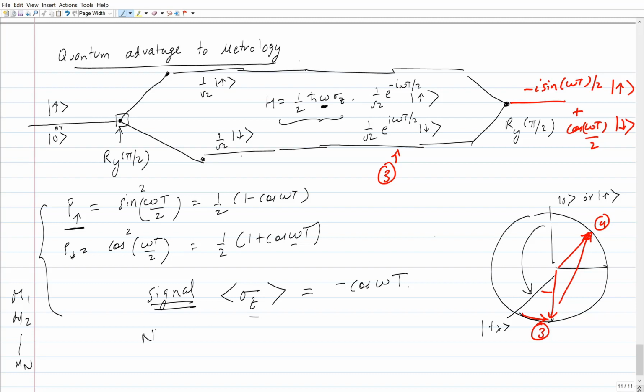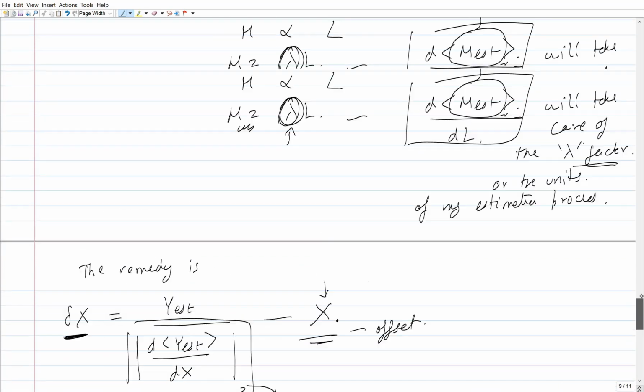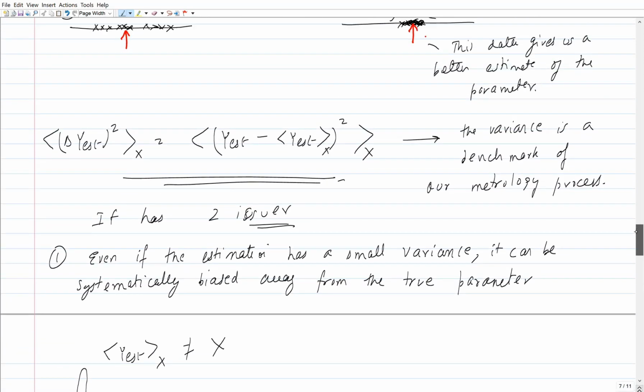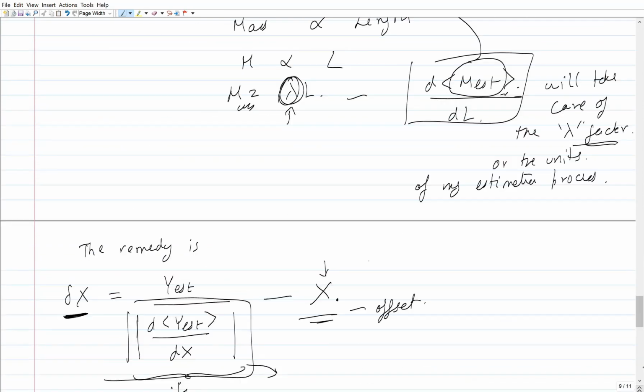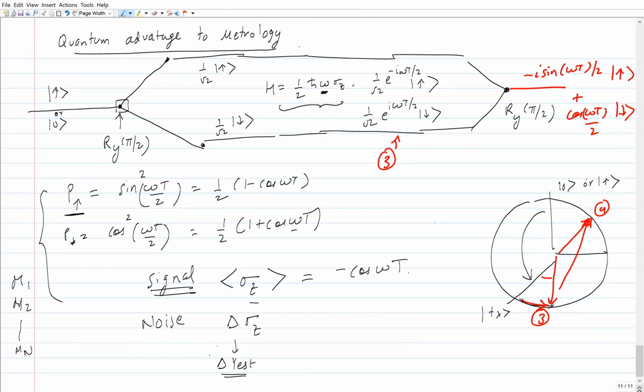And the noise or the variance, remember the variance of the estimate, this quantity is the variance of the y estimate, which we already calculated above, this particular guy over here. So that is going to be essentially 1 minus cosine square omega t, or in other words sine square omega t.